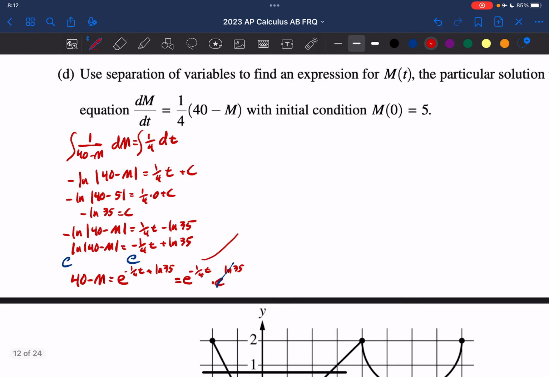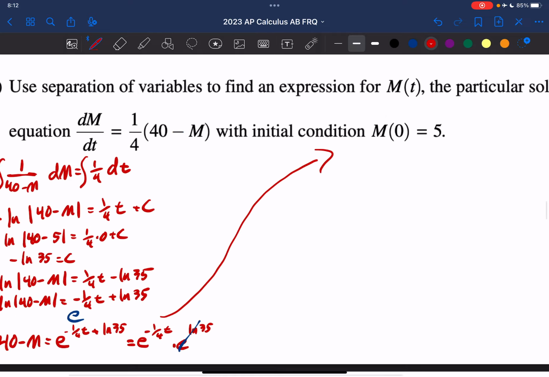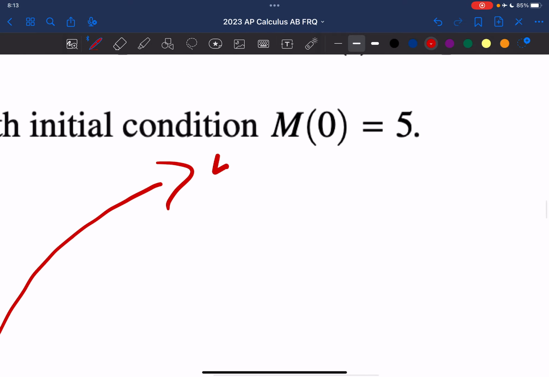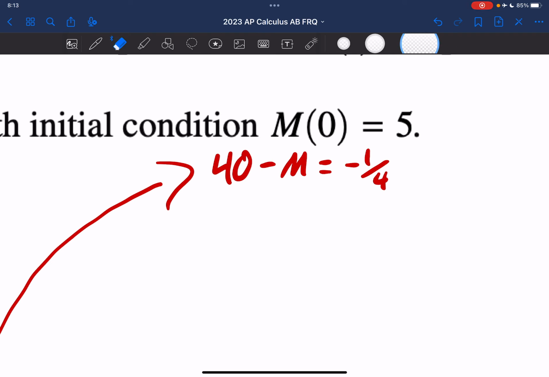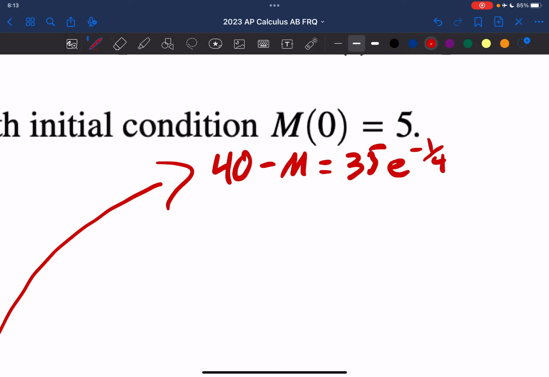So I'm going to take all this back up here. We have 40 minus m equals 35 e to the negative 1/4 t.